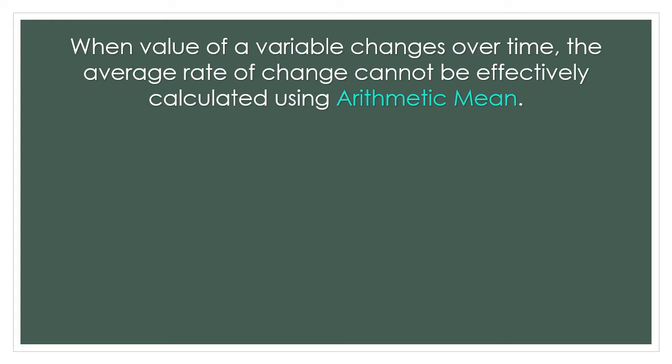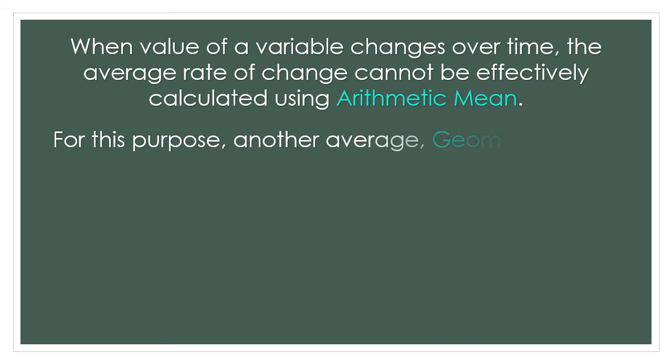That means the changes and the rates of changes and their averages cannot be calculated using our regular mean. I think we have already discussed this beforehand in its disadvantages. So in the situation where we are supposed to calculate the average rate of changes, we use another measure, that is a special kind of mean named geometric mean.